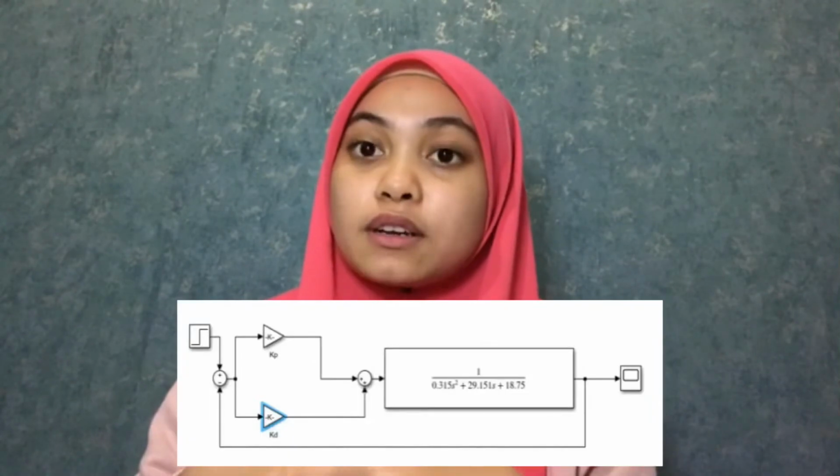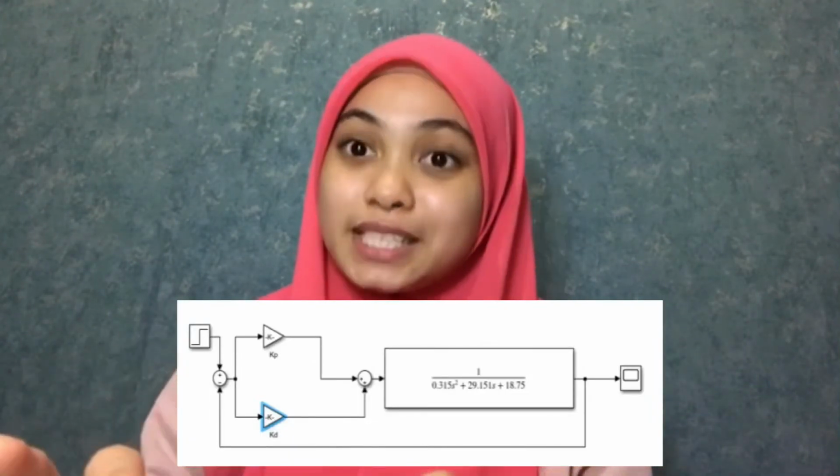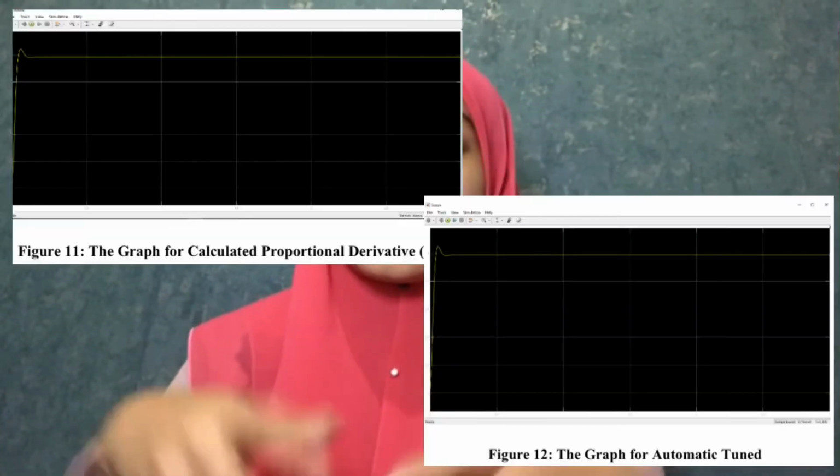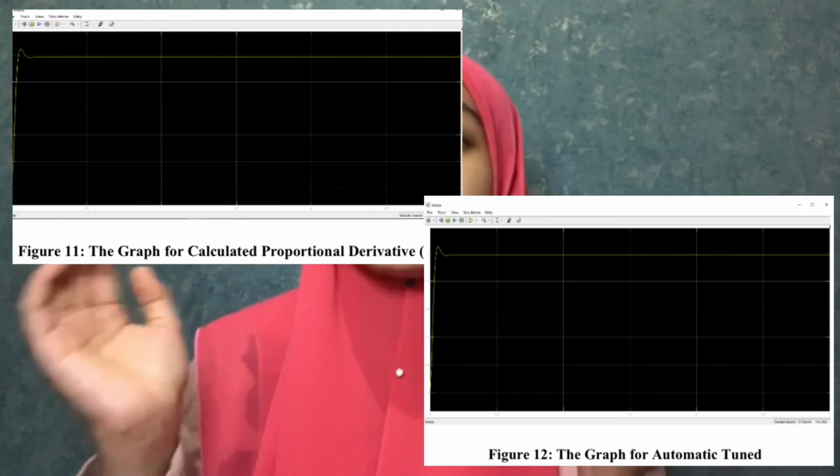Next, I will compare the graph for proportional derivative, which is the PD controller. For the PD graph, you can see the result is almost the same. This is because the bigger the derivative, the smaller the chance to have a steady state error. So both Kd and Kp have the same value.